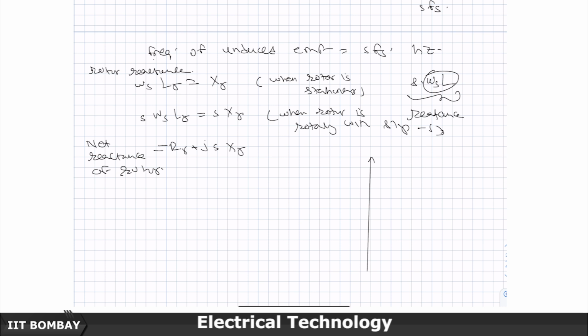So at t equal to 0, the net MMF wave is aligned along this direction, and let us look at some turn which is sitting here.